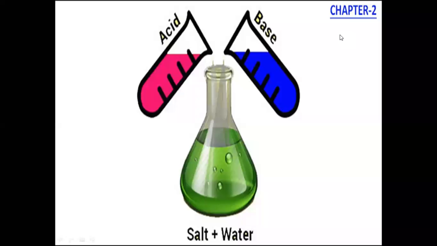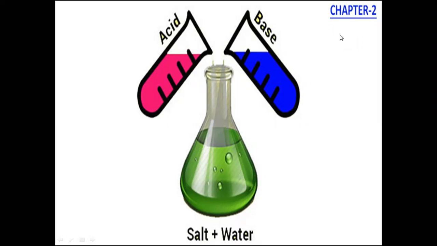The next one is acids, bases, and salts. We are eating food, fruits, water, etc. Some fruits have a sour taste. Why do these fruits have a sour taste? Because acid is present in those fruits.